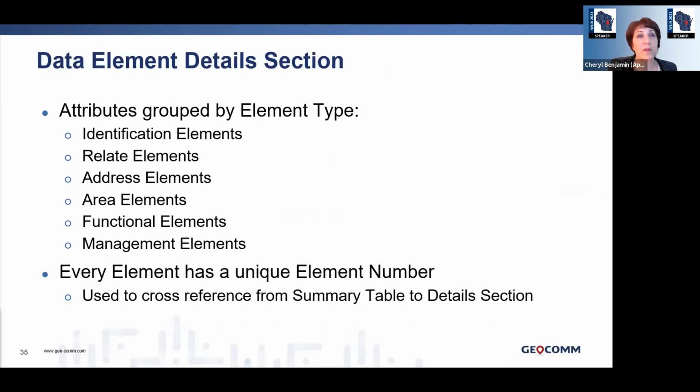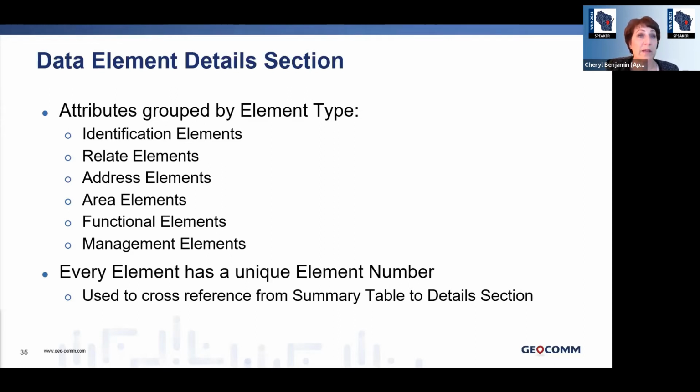So the data element detail section follows a summary table, and there are 6 different groupings of fields. If you use the WILA standard, we basically replicated the way that standard was laid out for the Next Gen 911 standard. So it has 6 sections: the elements related to identification, those related to the address, those related to the area, functional elements, and then management elements.